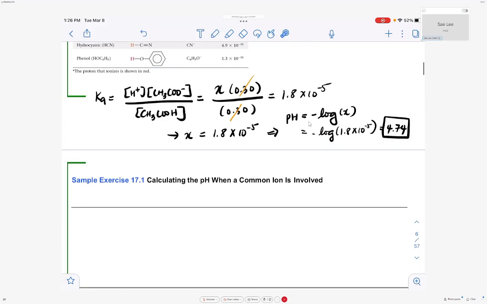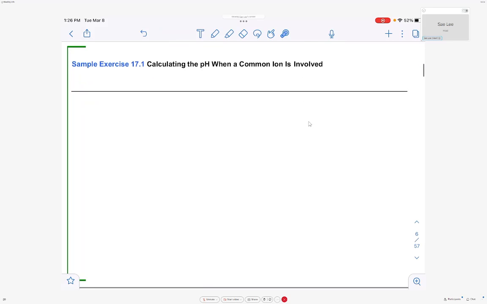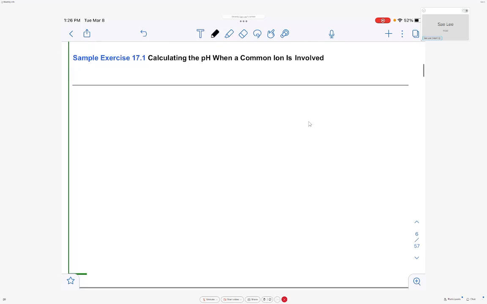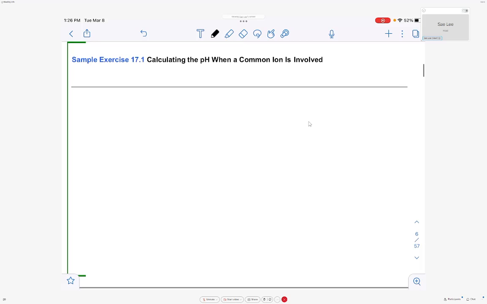Let me further explain this. The question that we just solved was a 0.3 molar solution of acetic acid.